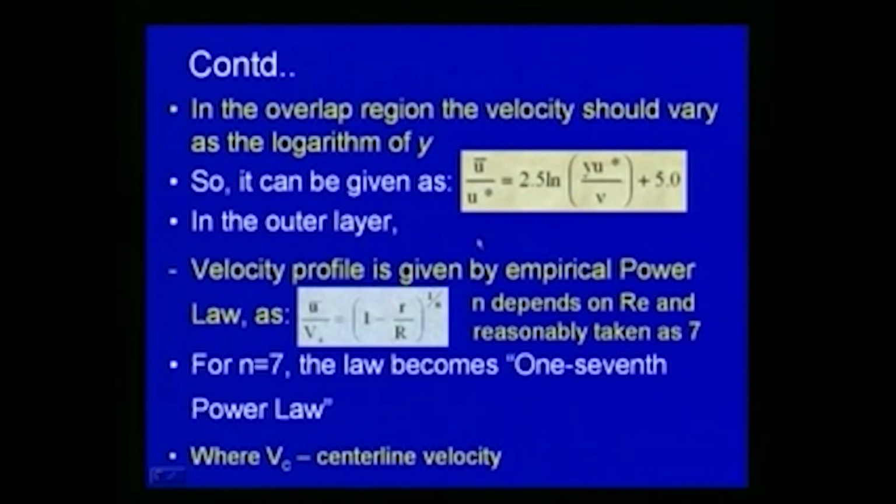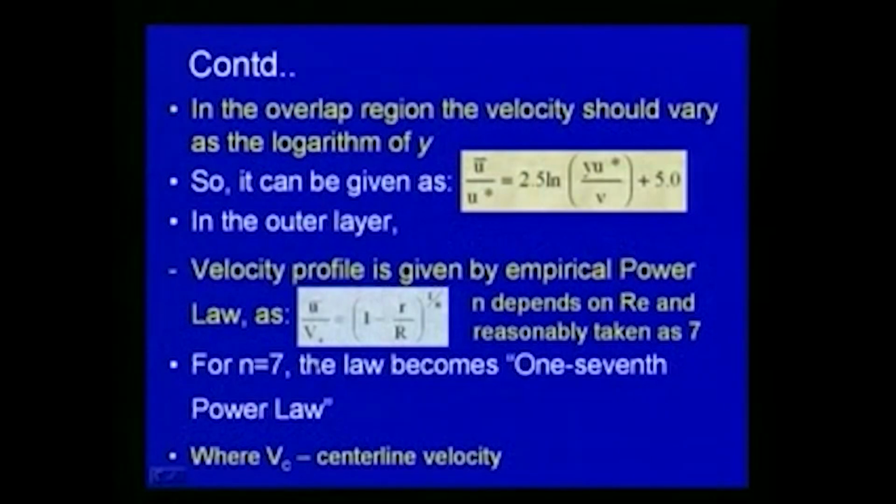As far as the outer layer is concerned, there are different formulas available, but one of the commonly used formulas comes from the 1/7 power law. We can write u bar by Vc is equal to 1 minus r by R to the power 1 by n, where n depends on the Reynolds number, and generally it is taken as n equal to 7 for turbulent flow.